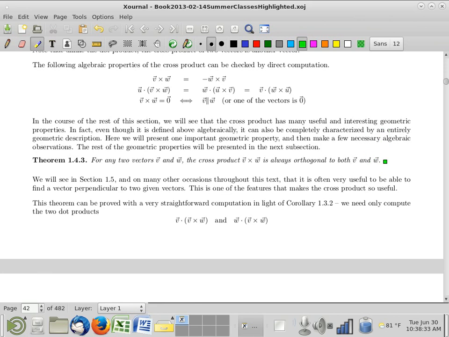But if you want to show that the cross product is orthogonal to V, the way you show orthogonal is you compute the dot product and confirm that you get 0.